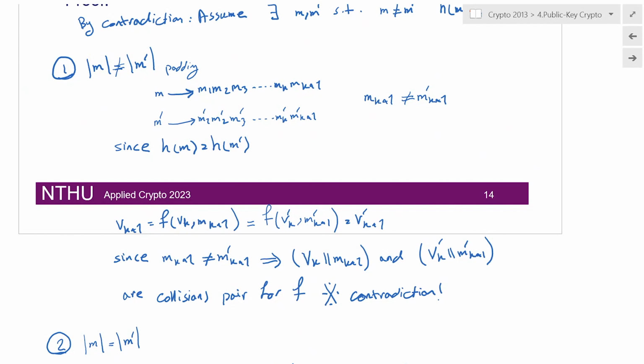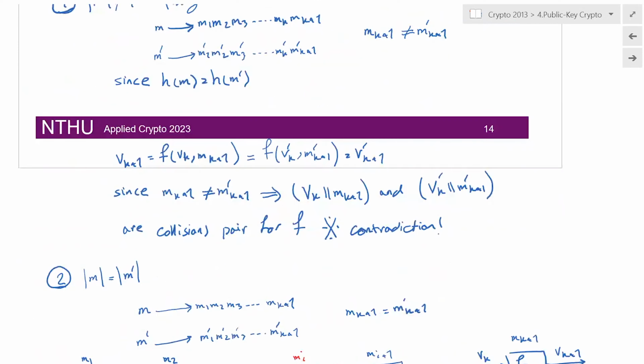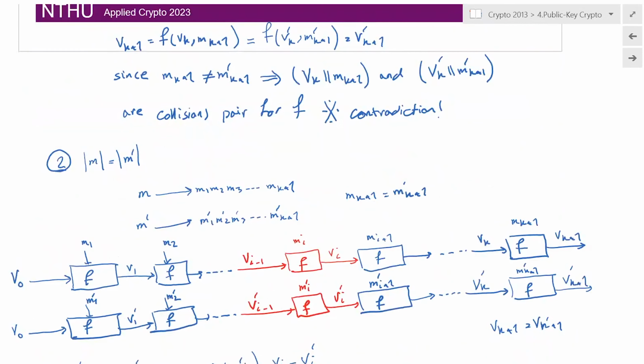But we know by design that somebody gave us that f, and it is a collision resistant hash function. That means the design that we made is collision resistant, because once somebody finds a collision in our hash function, they can also find that collision in our f function.